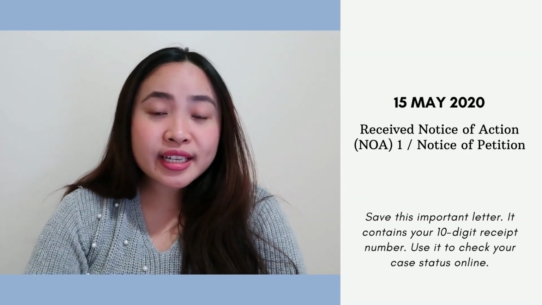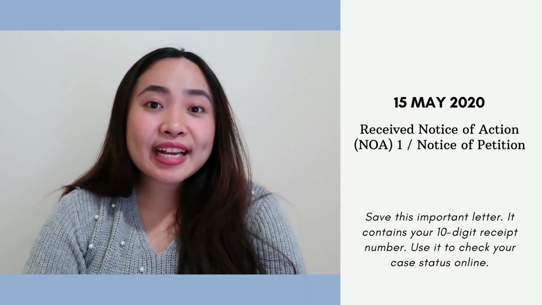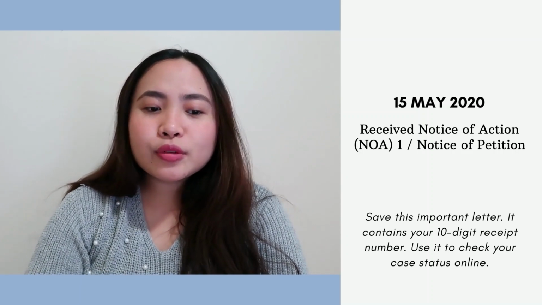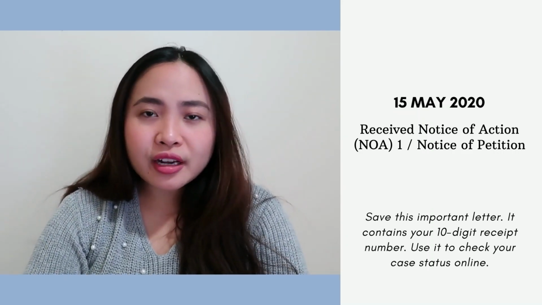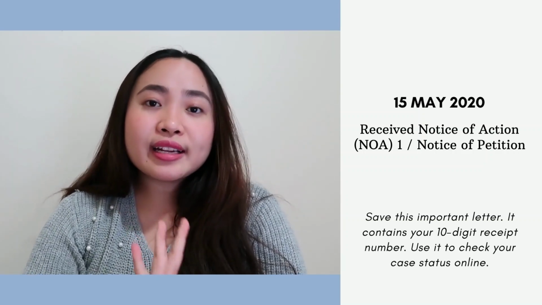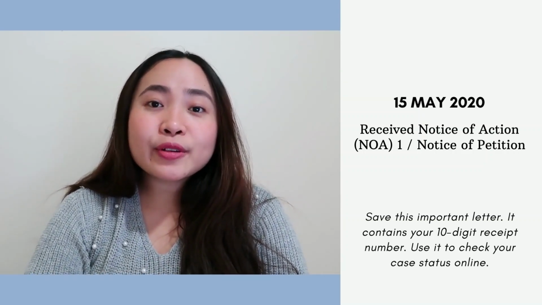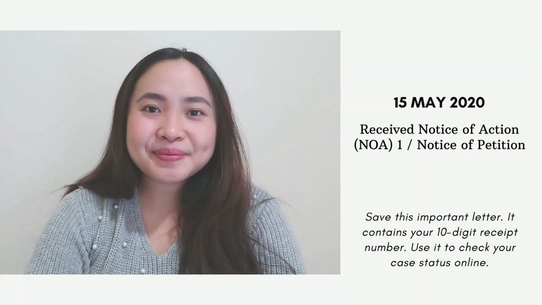That 10-digit receipt number will be used to check your case status online at the USCIS website. Usually it would start with WAC or another three-letter prefix, and then you can type that, and that's your receipt number to monitor your petition online.